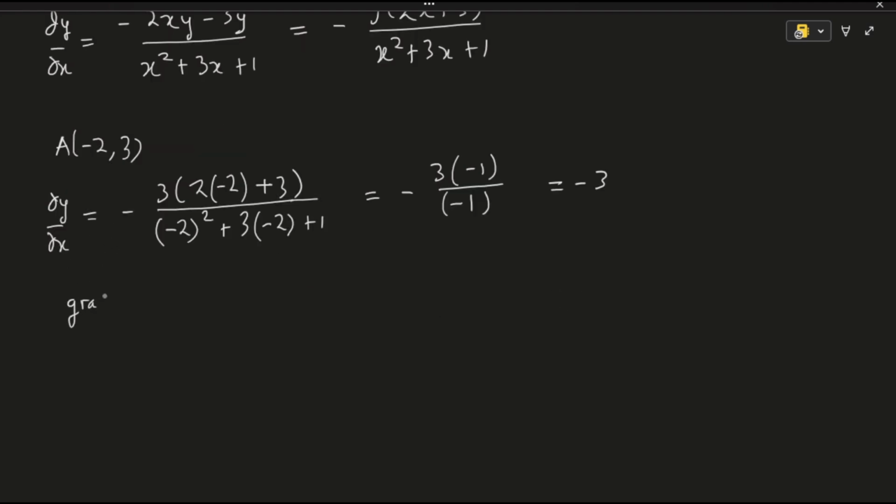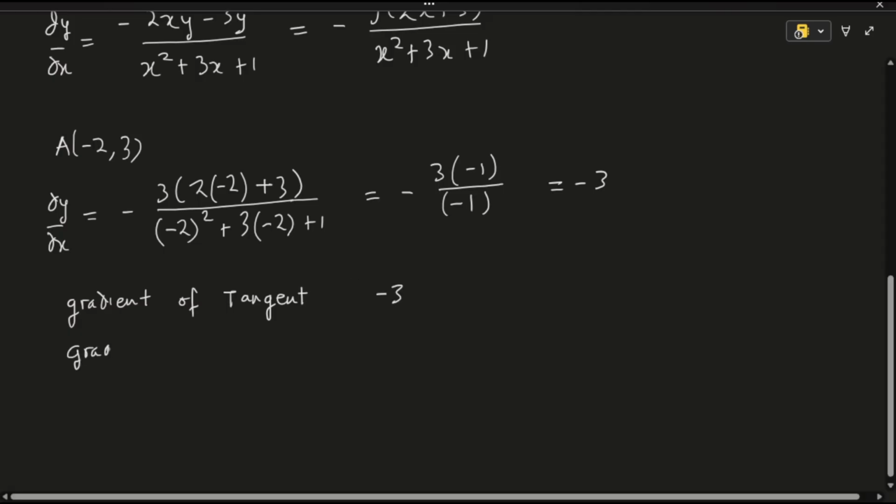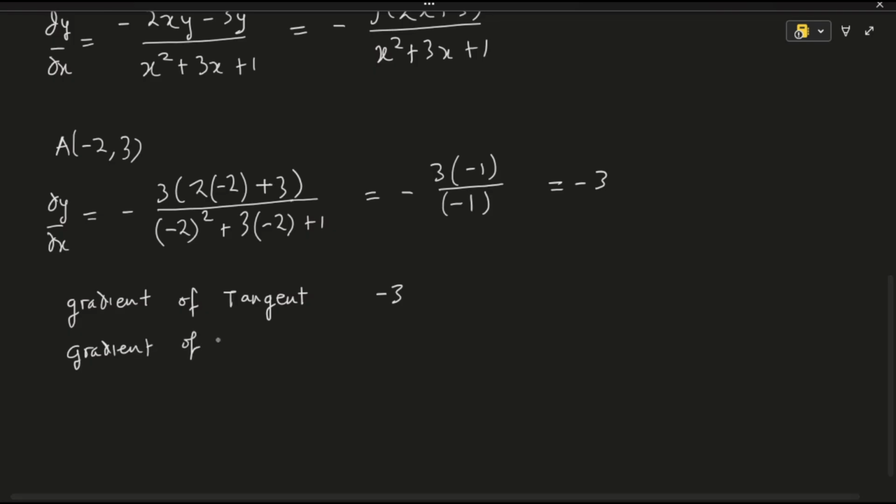So gradient of tangent is -3. This would mean gradient of normal is 1/3.